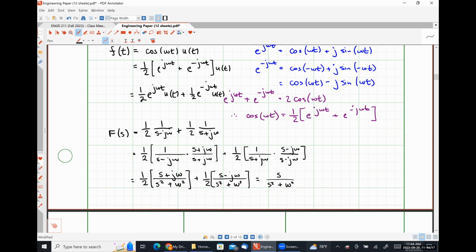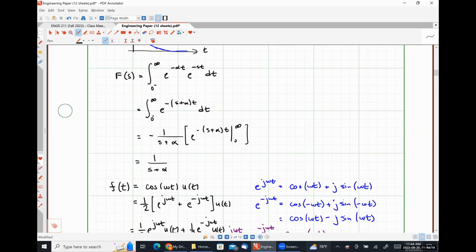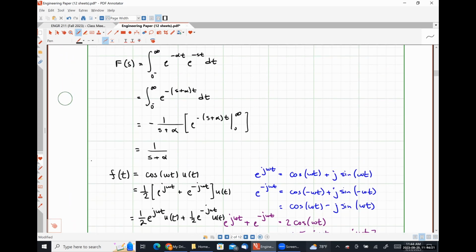Okay, so let's look at what we did up here. For a generic function, e to the minus alpha t, our Laplace transform is 1 over s plus alpha. I'm looking for whatever I have multiplied by t to be negative alpha.